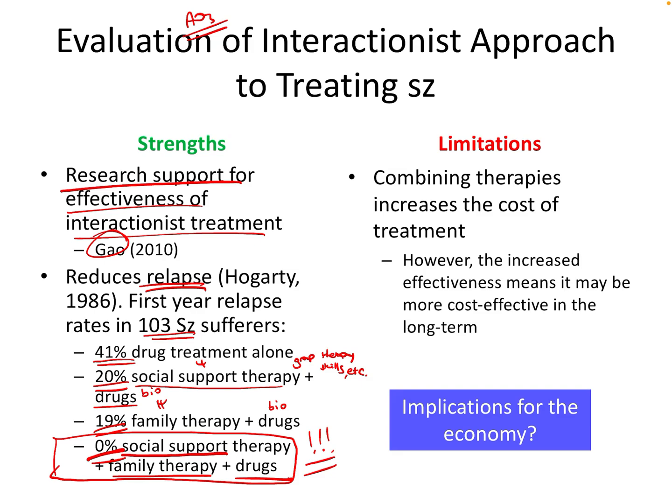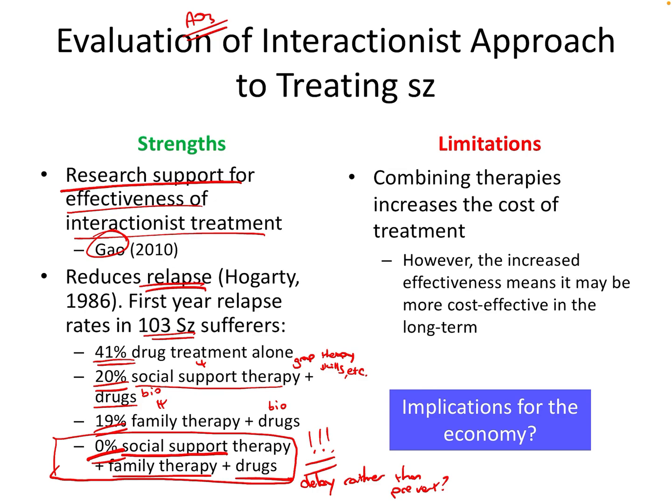There are suggestions that follow-up studies suggest that combined treatments only delay relapse rather than prevent it. Obviously, we would need to conduct further follow-up studies and perhaps longitudinal research to determine how effective interactionist approaches are to treating schizophrenia long-term.